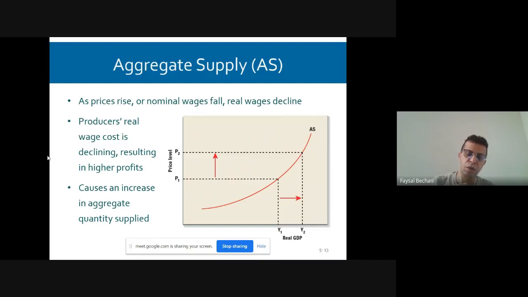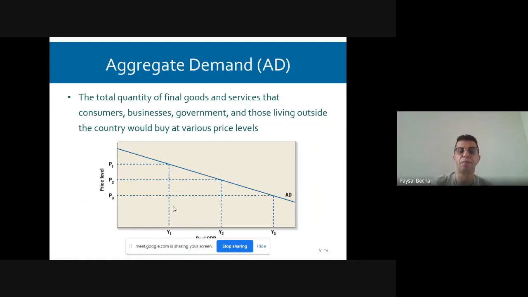Because the prices are going up, it will cause an increase in aggregate supply, so there would be a shift in the aggregate supply as the prices go higher, because they are making more profit, because their real wage is declining.